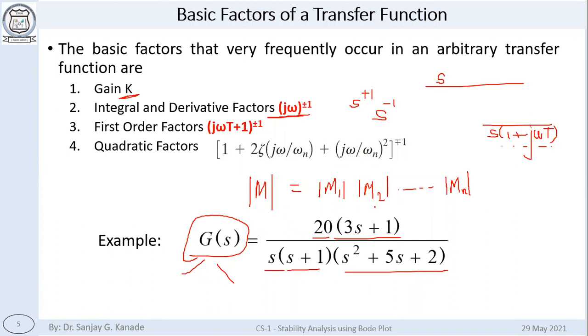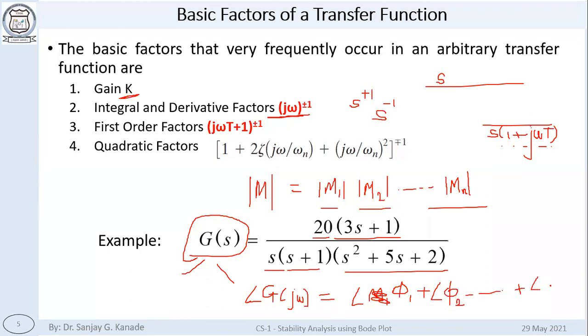So the magnitude is going to be multiplication of all individual magnitudes, and the phase angle of this whole function G of j omega, it is going to be what? Addition of angles, let's say phi 1 here, additions of individual phase angles.